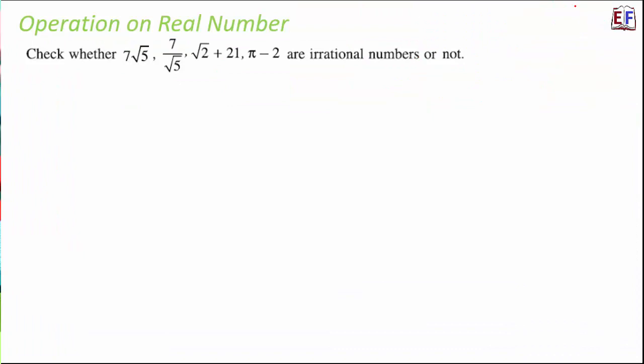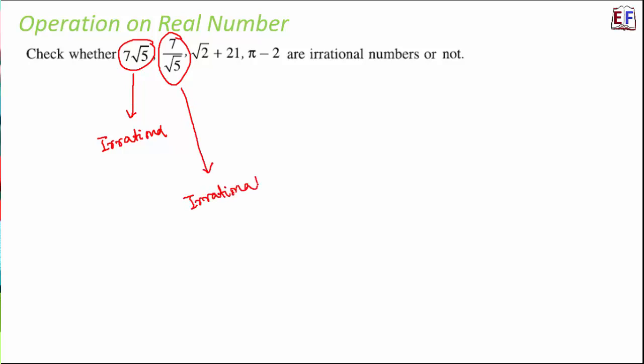Check whether 7 root 5, 7 by root 5, root 2 plus 21, and pi minus 2 are irrational numbers or not. Okay, let's take a look. 7 root 5 is one rational, one irrational, and their product will be irrational. 7 by root 5, again one rational, one irrational, so the output will be irrational.